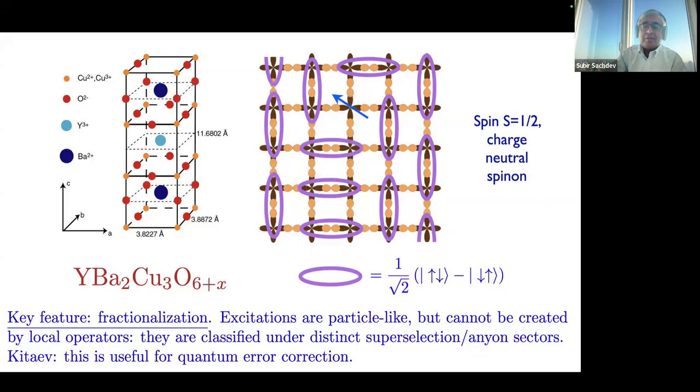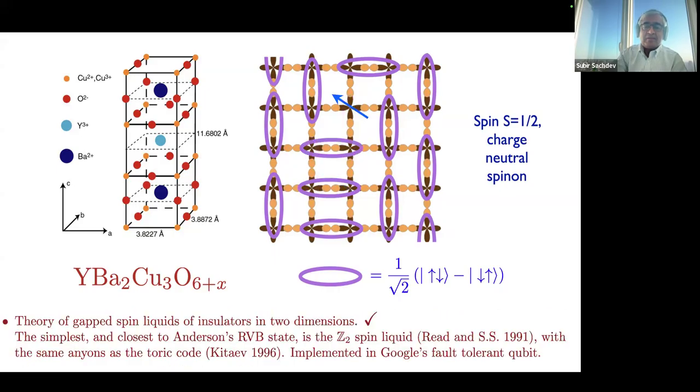Okay, so I'm not going to say much more about such states, but today I would say that such states are well classified in 2 dimensions. And the original Anderson Baskaran RVB state is recognized to be what's now called the Z2 spin liquid, which we proposed in 1991.